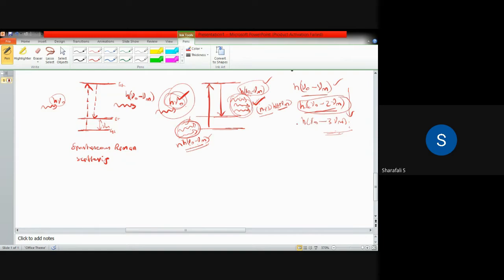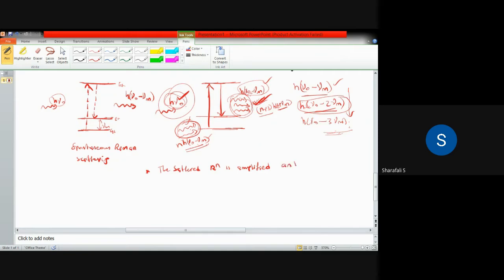Okay. So the scattered radiation is amplified, as you can see from here.